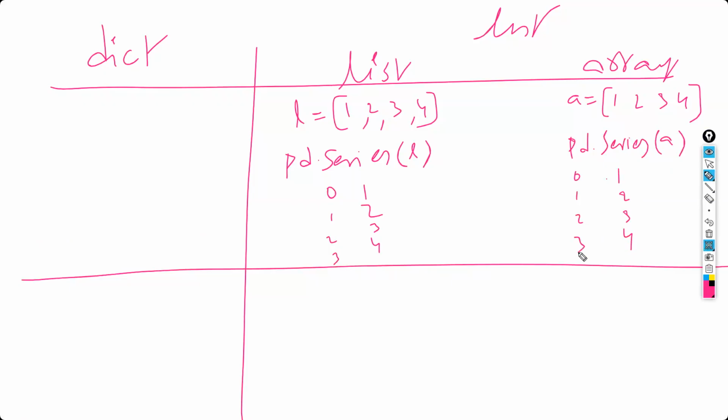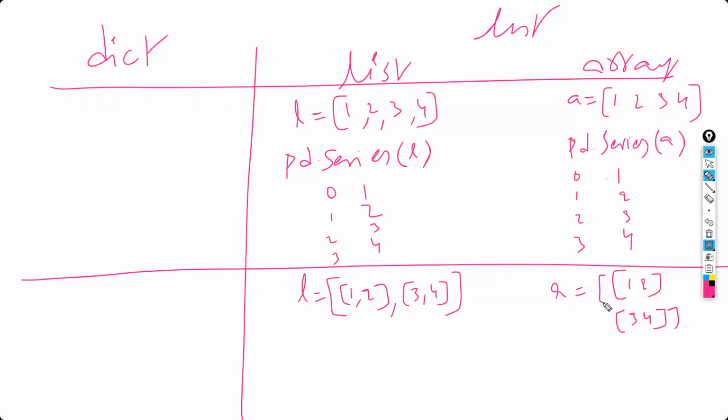Right? Now, the same list one more time: 1, 2, 3, 4. Array 1 and 2, 3 and 4. This is a 2D array, so I will write it as a 2D array, 1, 2, 3, 4.